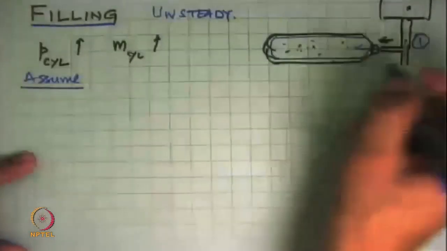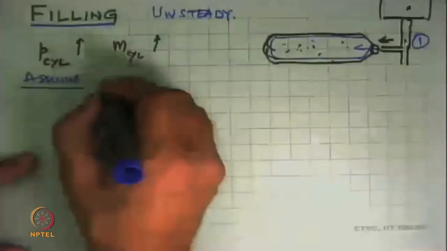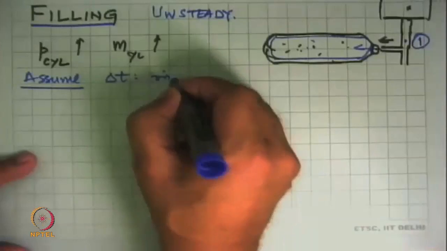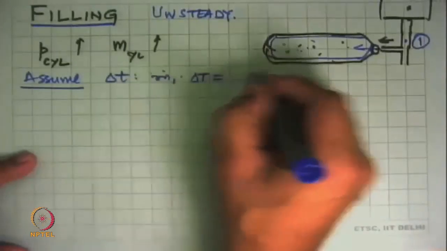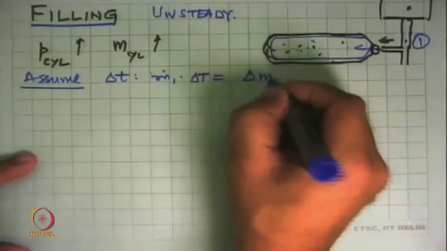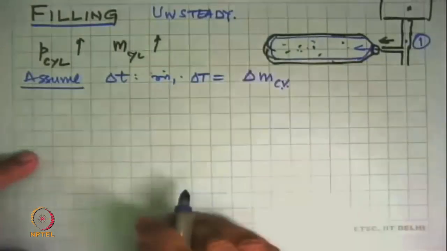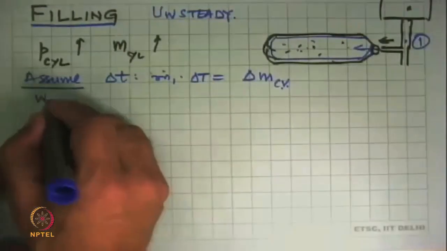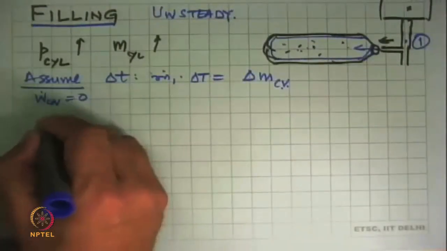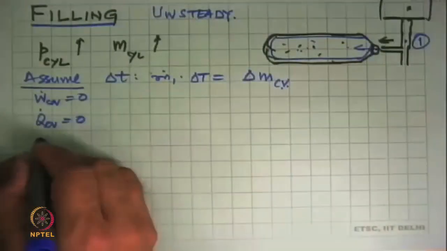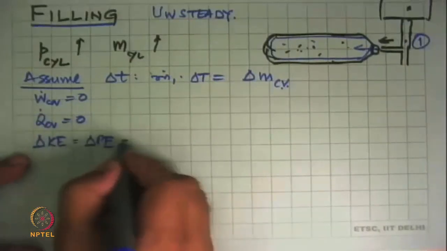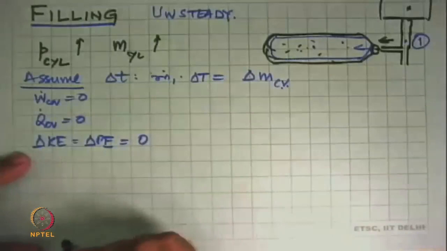The mass conservation equation tells you that in a period of time, delta t, m dot 1 into delta t is equal to the change in the mass of the system. And we can assume that there is no work being done here. Work done is 0. It is an adiabatic process. This whole thing is insulated. Q dot CV equal to 0. No change in kinetic energy or potential energy of either the system or the moving fluid. Both are 0.